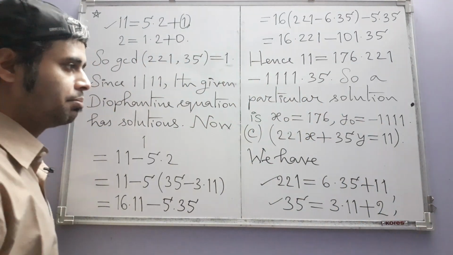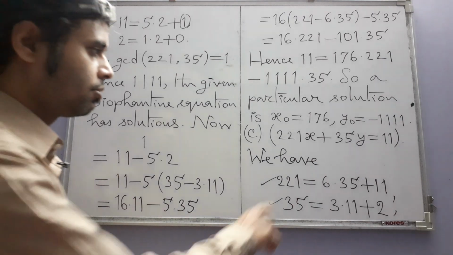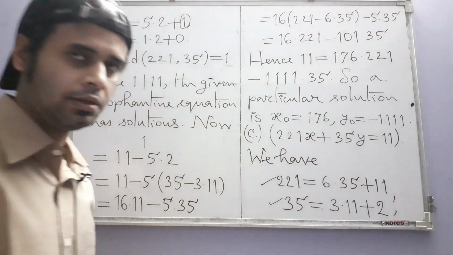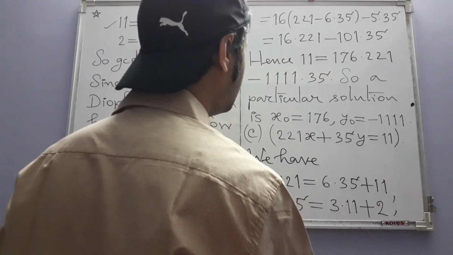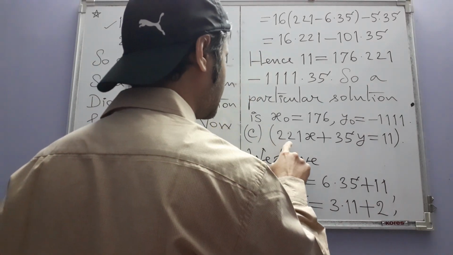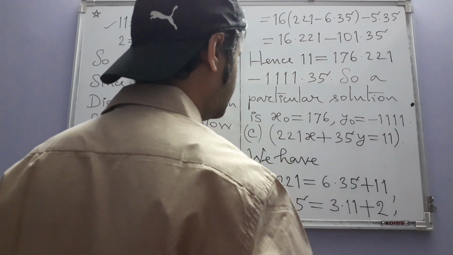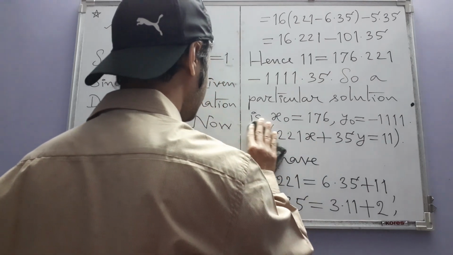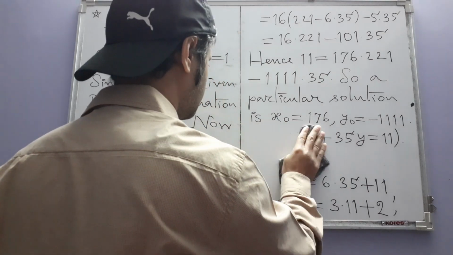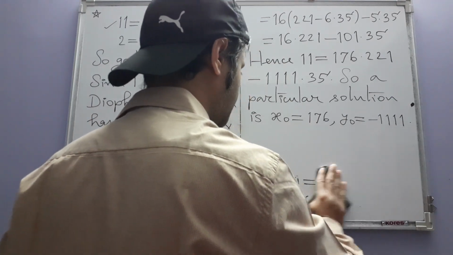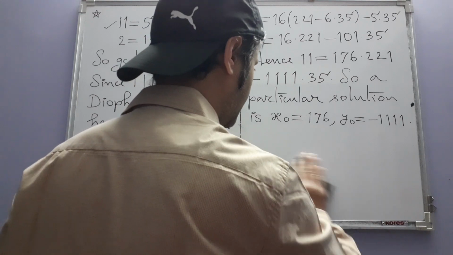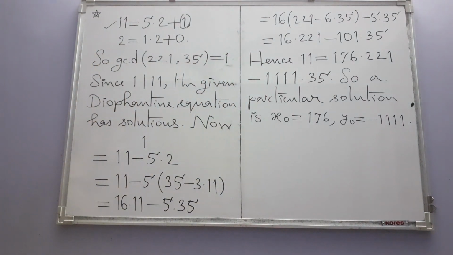Do not forget the minus sign, because the original equation has a plus here. So our A is 221 and B is 35. That also we should not forget. If we switch the order, then it will be a mistake. A is 221 and B is 35.